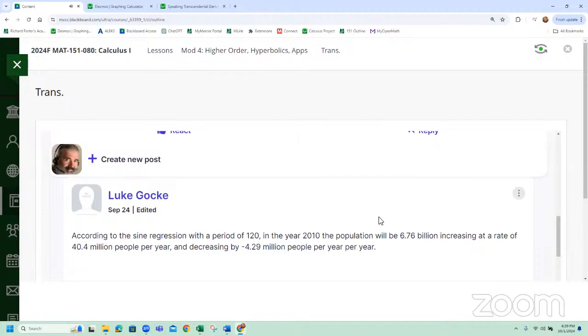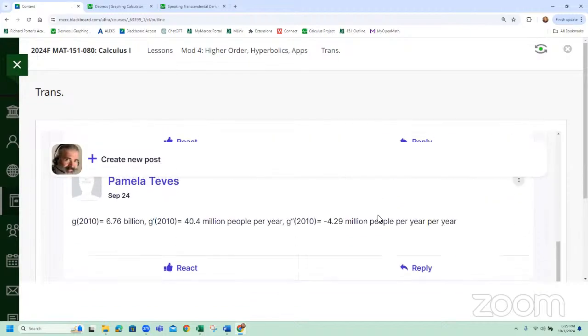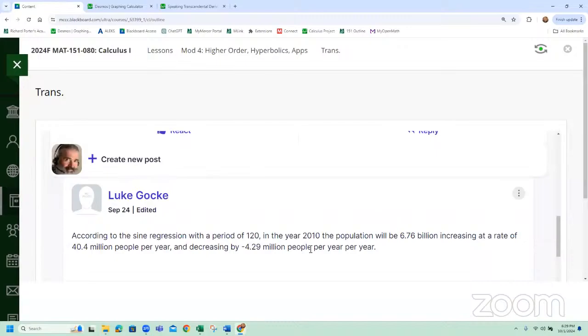Okay, 2 problems with this. One is speak louder. The second thing is Luke has a mistake here. It's not decreasing. It's increasing. You can't say it's increasing and then decreasing. It's increasing and decelerating.